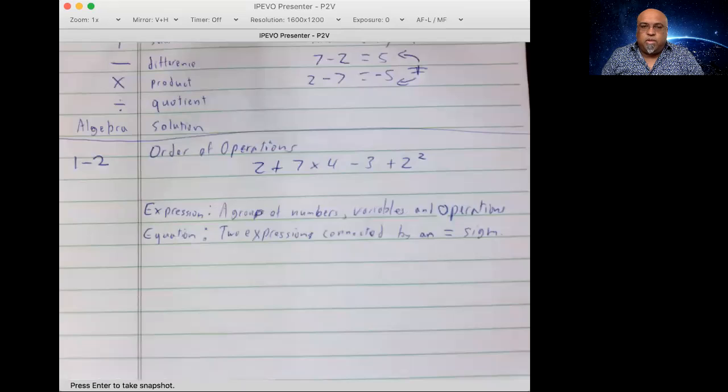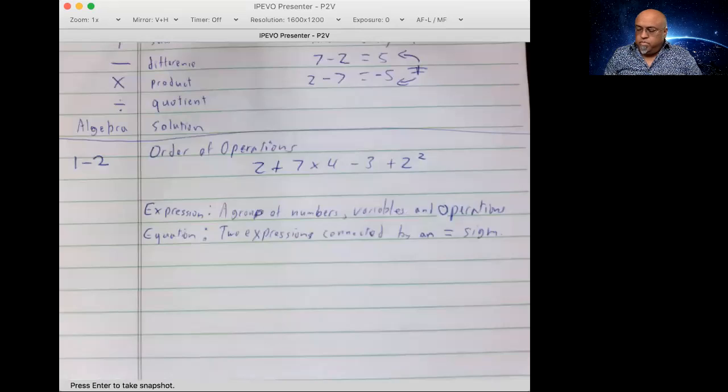Now, you may have heard probably in 6th grade or 5th grade the expression PEMDAS, which stands for Please Excuse My Dear Aunt Sally, which also stands for parentheses, exponents, multiplication, division, addition, and subtraction. Okay? So that is order of operations. Now, I like to use the word powers instead of exponents, but everyone has a preference.